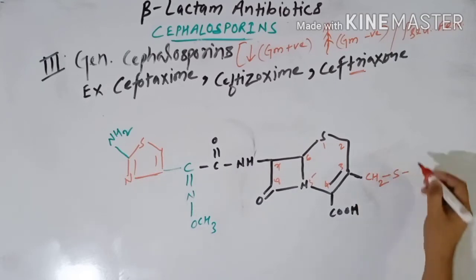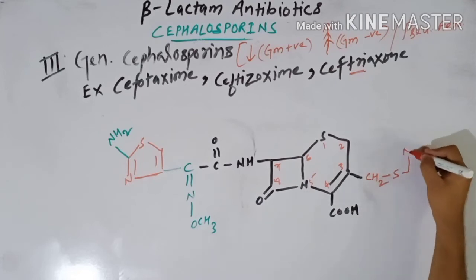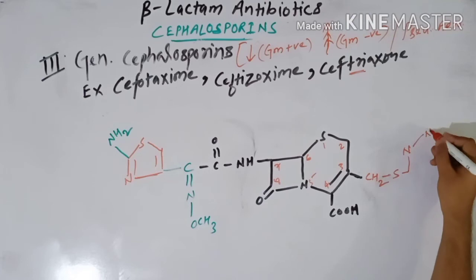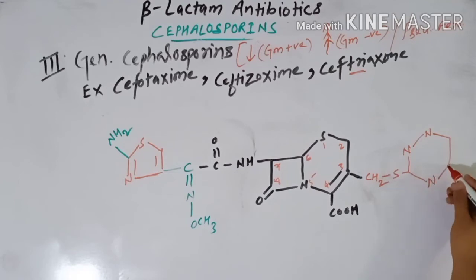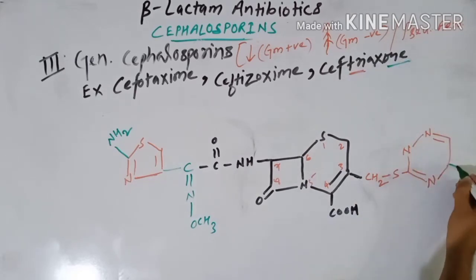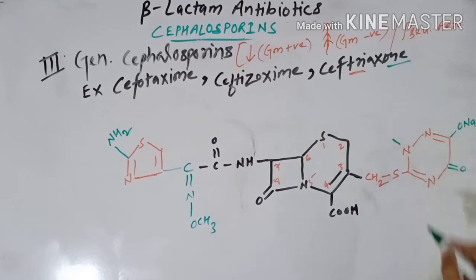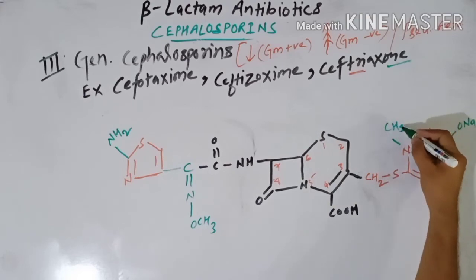Now this sulfur is directly linked to a 6-membered nitrogen containing nucleus. This drug has the suffix on. On means ketone. So here is your first ketone, and here oxygen and nitrogen, and on this position again there is a methyl group.